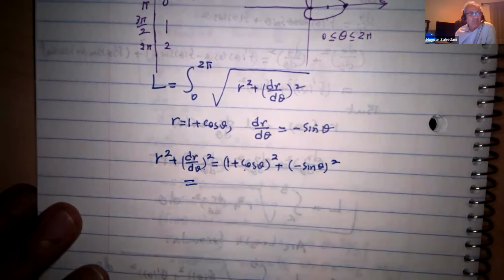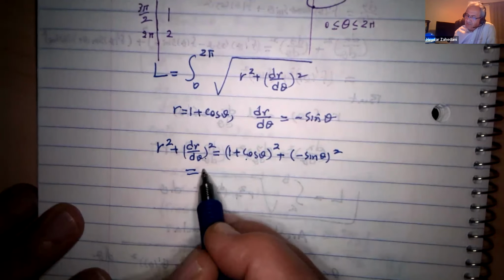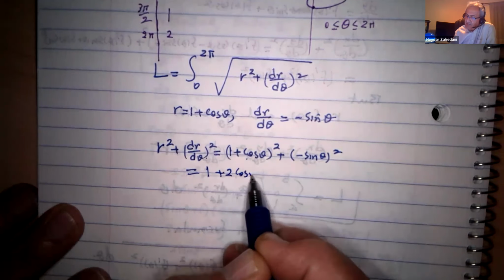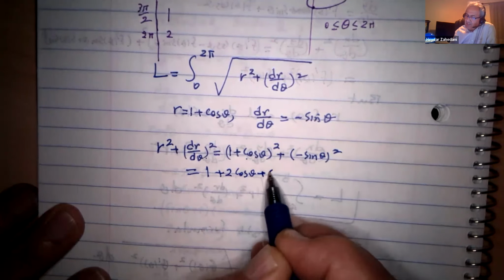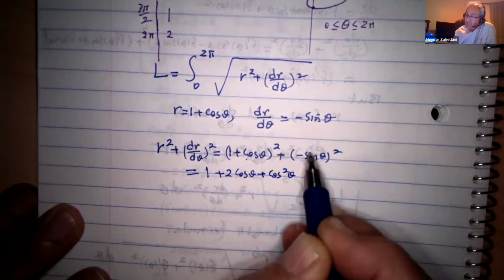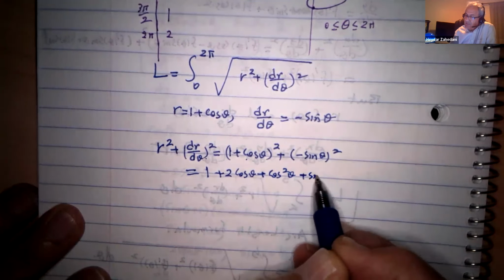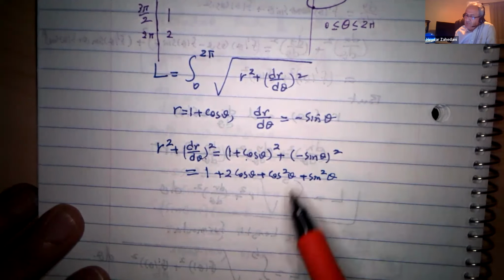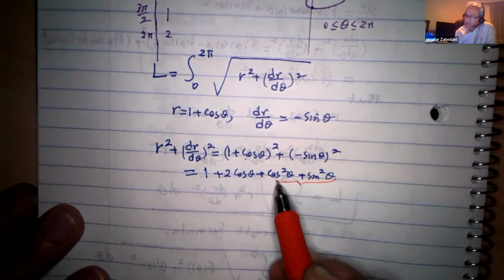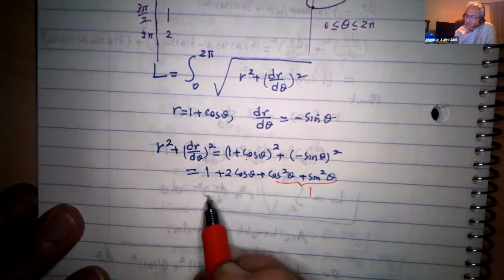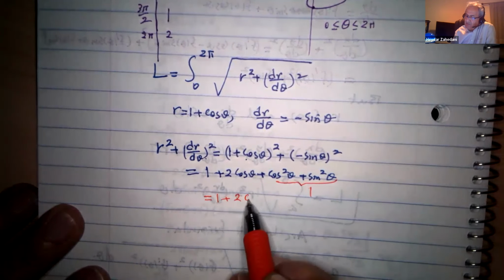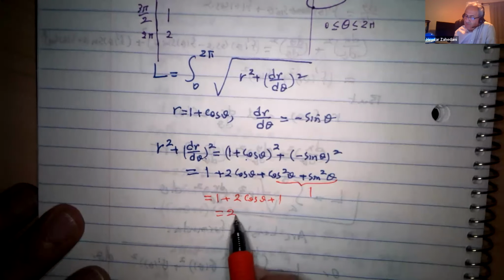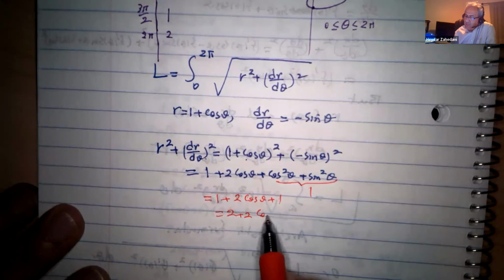So we square this one: the square of the first, twice the first times the second, 2 cosine of theta, plus cosine squared, and plus sine squared. You know that sine squared plus cosine squared is 1. So that gives us 1 plus 2 cosine of theta plus 1.